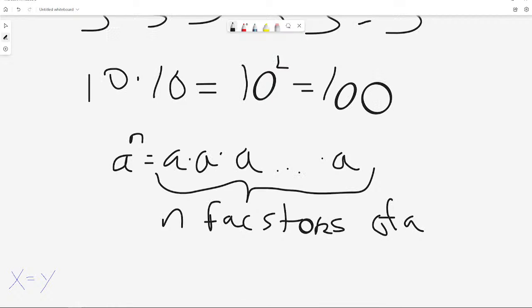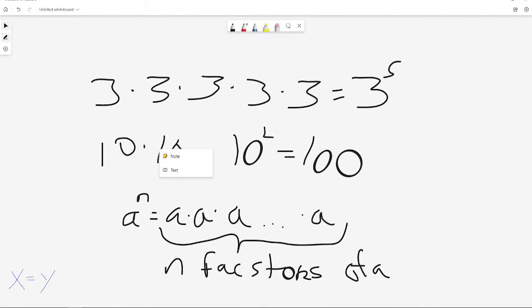So basically what I showed up here, if you have 10 times 10, that's the same as 10 squared, or 10 to the second. And then 3 times 3 times 3 times 3 times 3 equals 3 to the 5th.